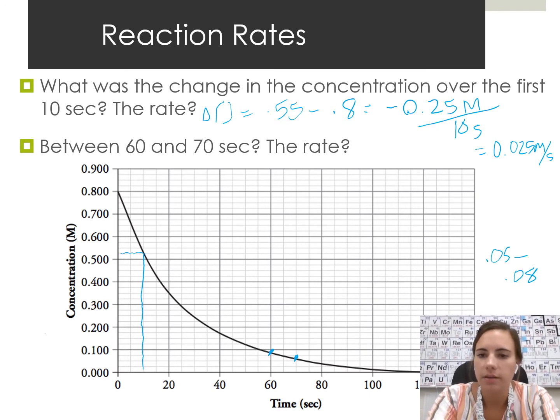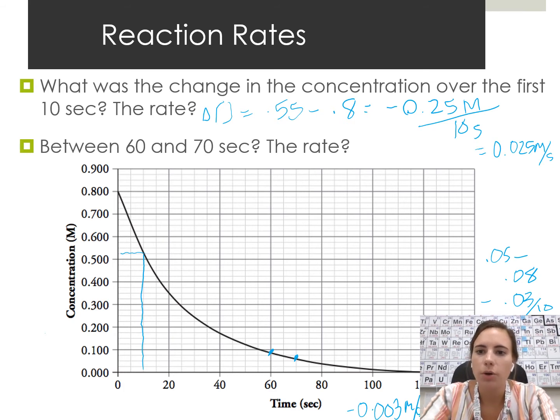That change is equal to negative 0.03. And now the rate, I have to divide it by those 10 seconds. I'm running out of room, so I'm going to go down here at the bottom. I'm going to get negative 0.003 molarity per second.